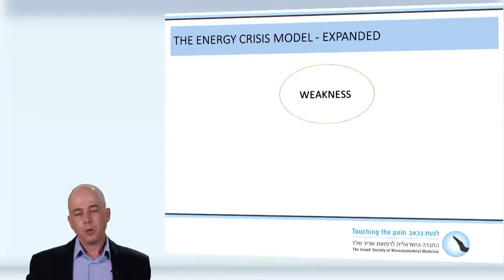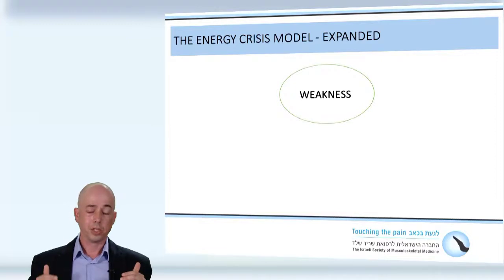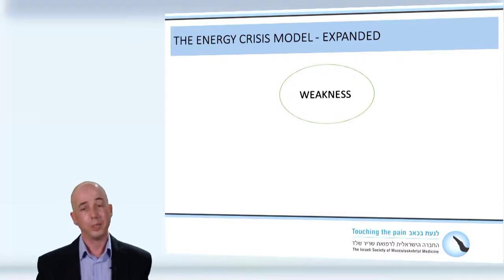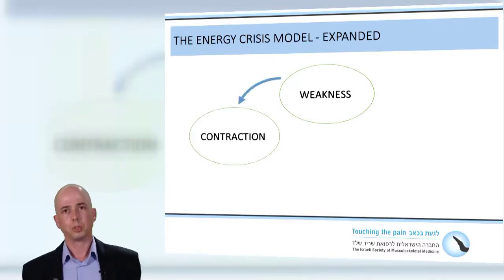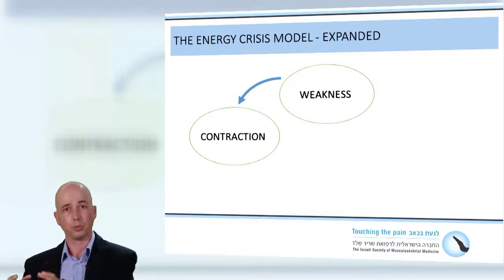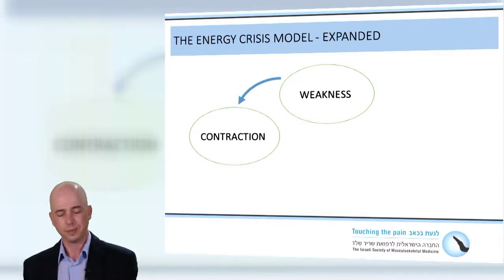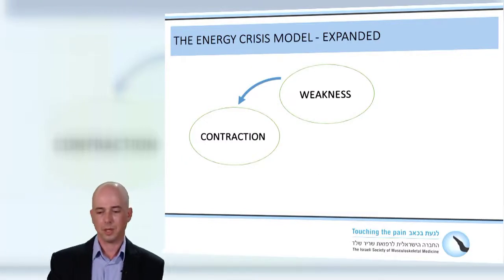So we may now expand our understanding of the energy crisis model a little further. We can introduce muscle weakness to this model. This weakness causes the muscle to over-contract in order to develop the same amount of force. The muscle has to work harder and it contracts harder.